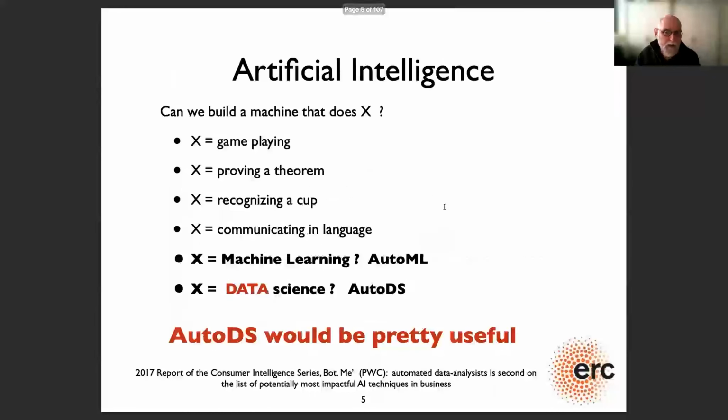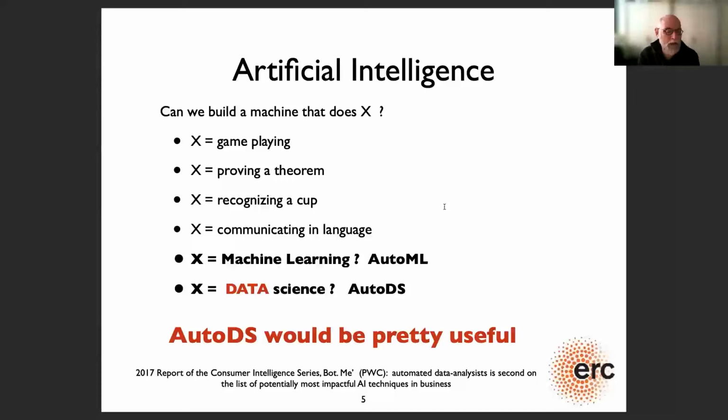Now, if we can automate science, as Ross King and colleagues did with this robot scientist, then of course, the question is, can we also automate other branches, such as data science? And that is what we call automated data science.